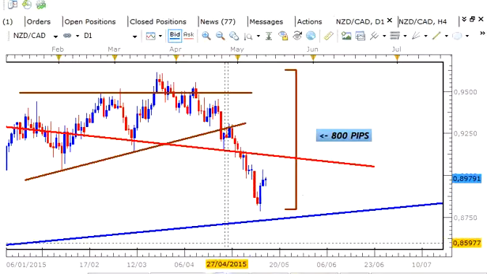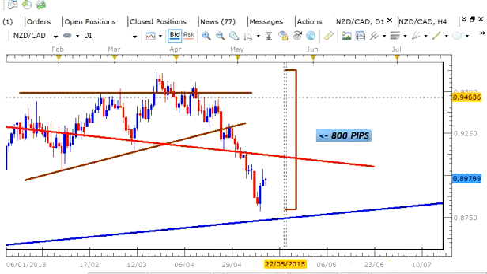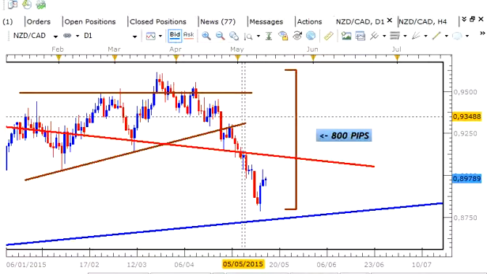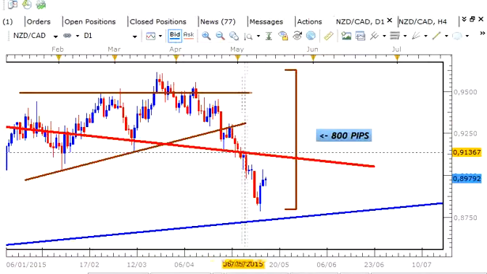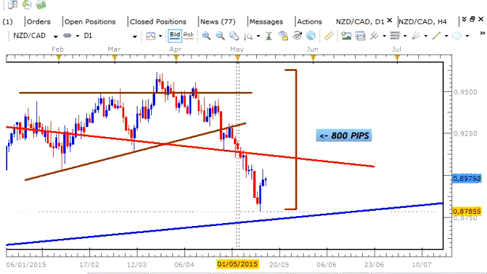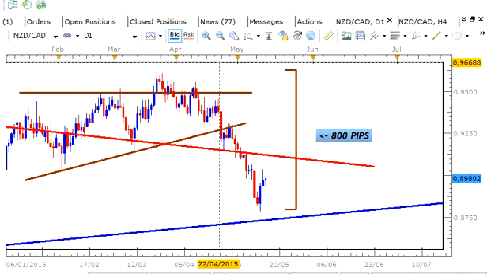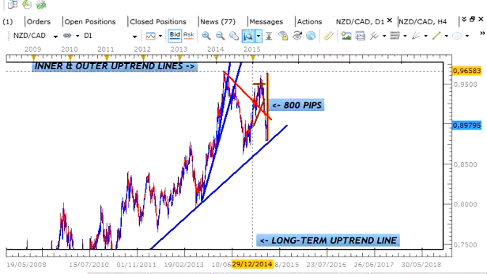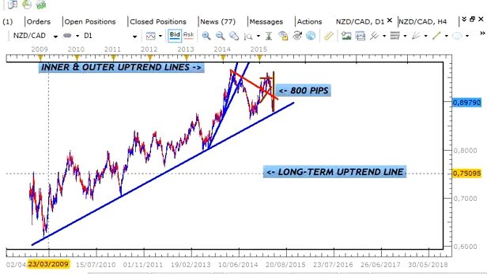Taking a look at what actually took place, we can see that that is exactly what took place on this pair. The market eventually broke this support point, broke this downtrend line, and came very close to this outer uptrend line, which we can see has been in place for a very long time, since early 2009.